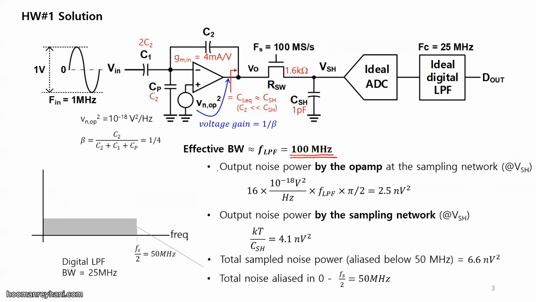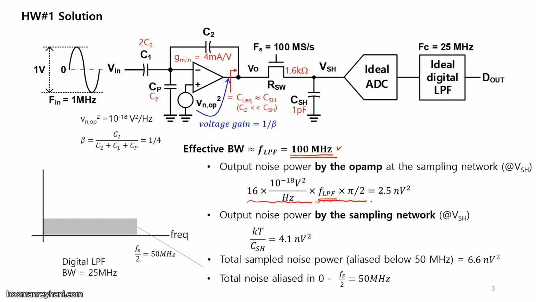And then we can calculate total noise power, not power spectral density, by simply multiplying the power spectral density and noise bandwidth, right? So we have the power spectral density here, and then the signal bandwidth is FLPF, 100 megahertz, and we need pi over 2 for noise bandwidth, right? When the system is single pole and when we have flat noise power spectral density.